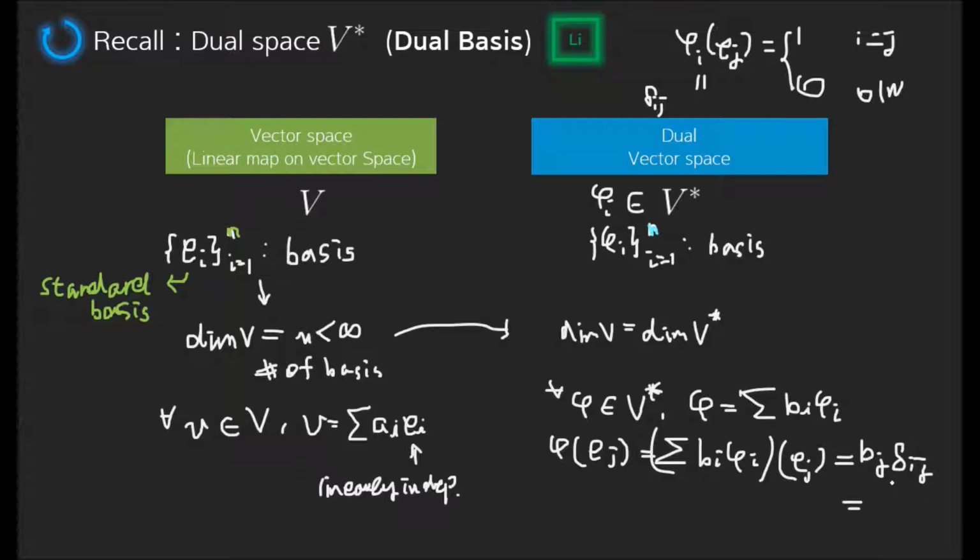This notation here, and this is b_j because only the term where i and j are equal survives. So we can find the coefficient b_i or b_j here. So we can say phi is the sum of phi(e_i) phi_i.